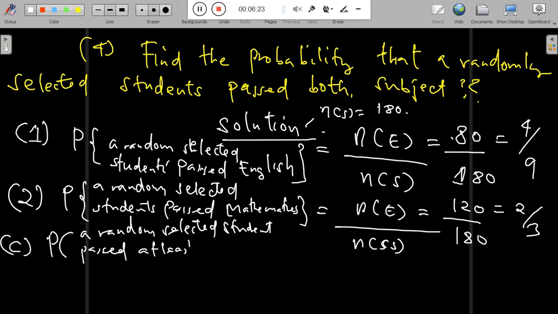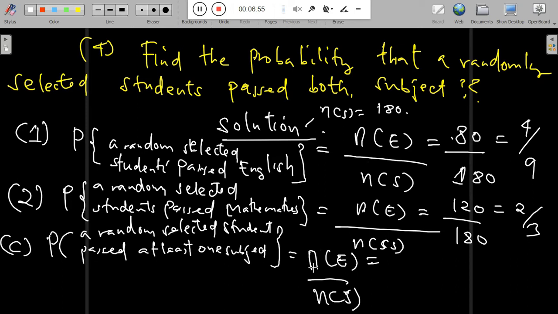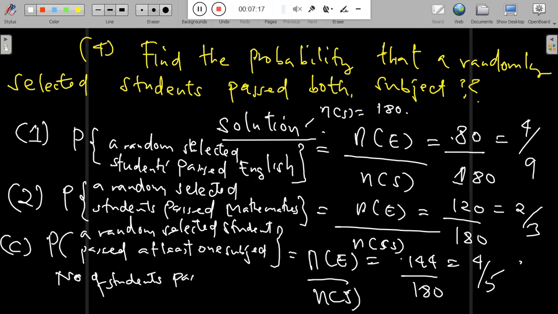This is given by taking the number of students who passed at least one subject, which is given in the data of our scenario above, that is 144, divided by the total sample space, that is 180. So the probability is equal to 4 over 5. That is the probability that a randomly selected student passed at least one subject.